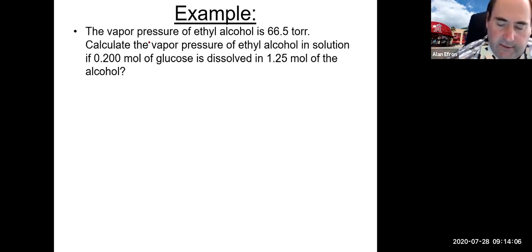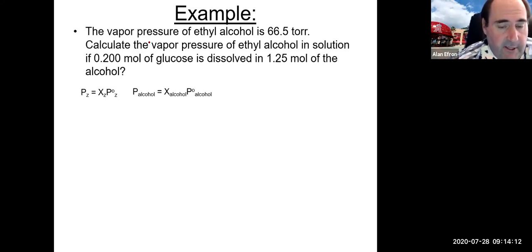We can use the formula that we just saw. This is going to be the mole fraction of the alcohol times the vapor pressure of the alcohol by itself, its normal vapor pressure. The first thing we want to figure out is the mole fraction of the alcohol. So we see we have 1.25 moles of the alcohol.